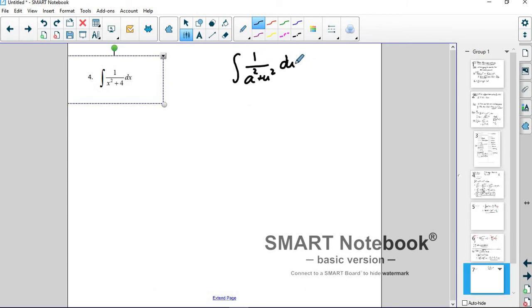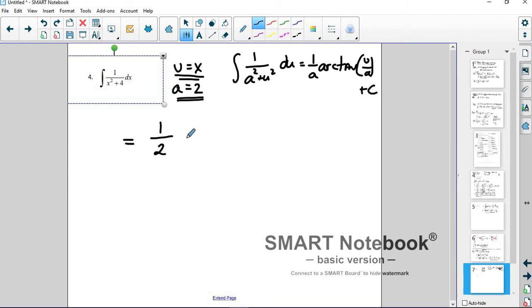Well, don't let the order fool you, because when you're adding, order doesn't matter, right? So u is always the variable, whatever's being squared as the variable. A is always the constant. 4 is 2 squared. So playing the role of u is x, and playing the role of a is 2, and now you just plug it into the formula.